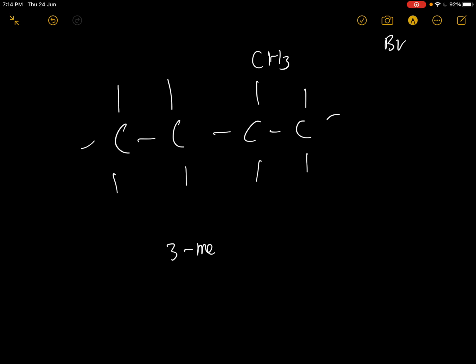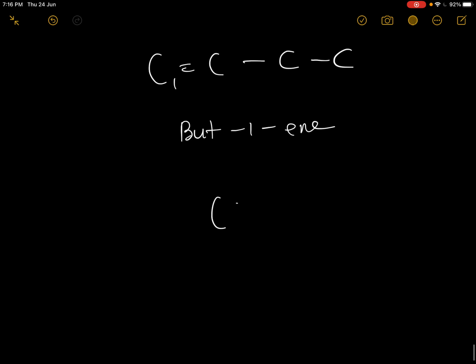When you have alcohol, alkene, and alkyne, this number depends on where your functional group is. For example, if I have C double bond C, C, C, then this will be called but-1-ene because it's located on the first carbon atom. We want to look at the smaller number, remember? So it's but-1-ene. And this one is propan-1-ol because it's located at the first one.